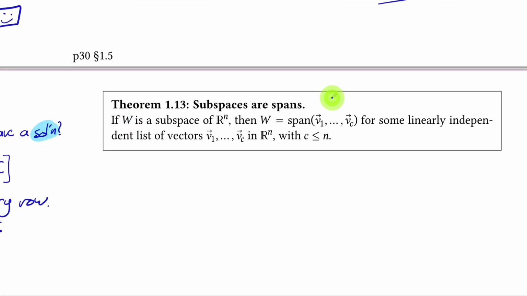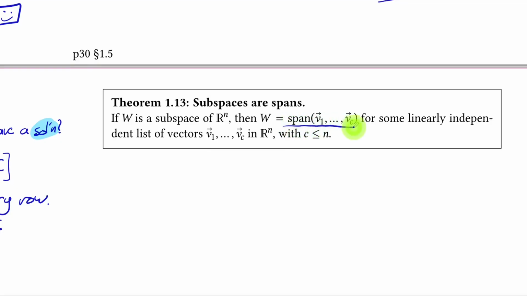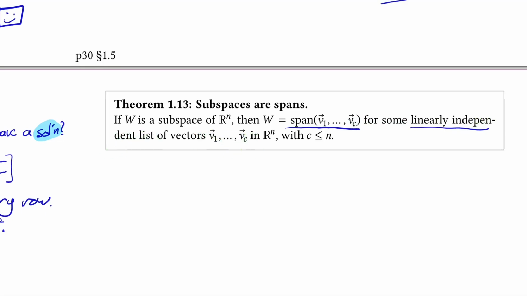This theorem says yes. It says that if W is a subspace of Rn, then W is equal to the span of some linearly independent list of vectors, v1 through vc in Rn, and the number of those vectors is less than or equal to n, the number of entries in each vector.